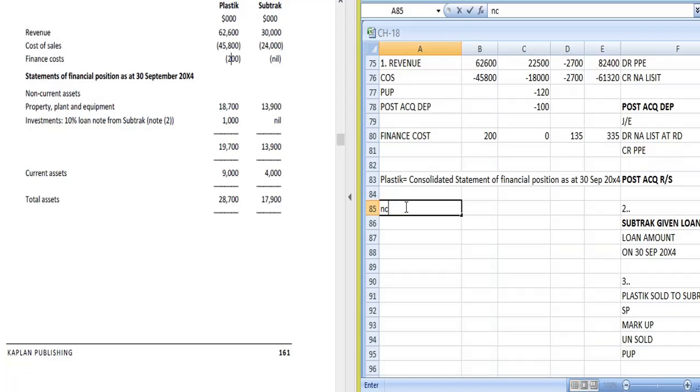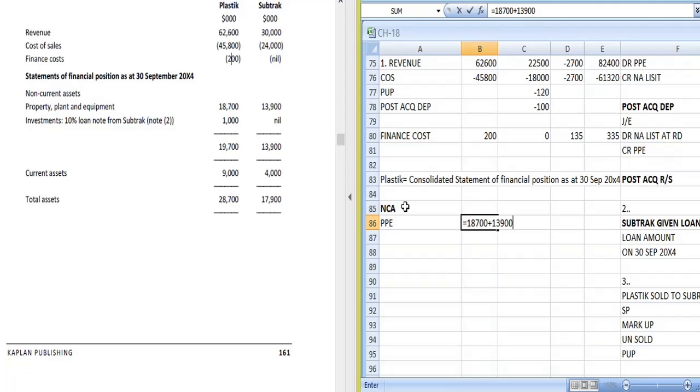So first is NCA, which stands for non-current assets, right? Non-current assets, property, plant and equipment, PPE. Just have a look at the formula bar to see what I am doing. I have taken the parent PPE plus the subsidiary. Don't apportion like we did in the profit and loss with 9/12 for each and every item.